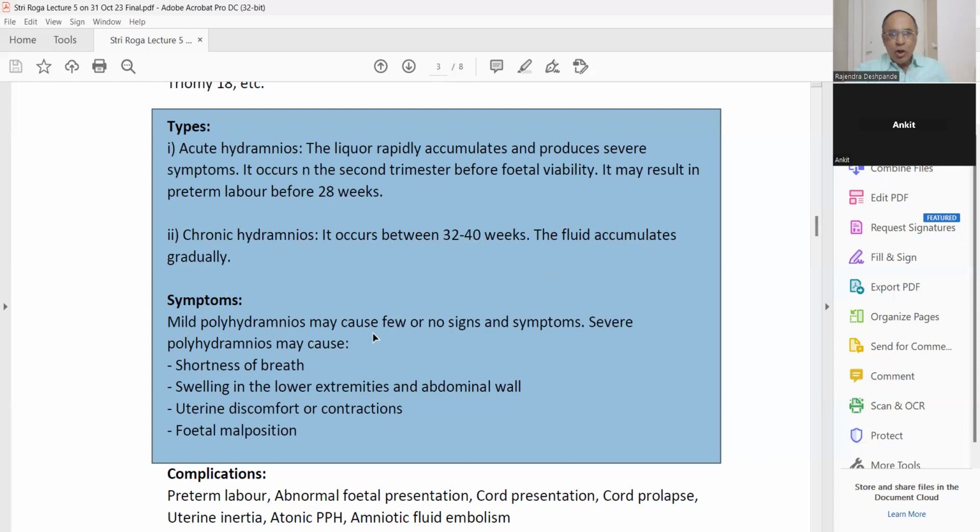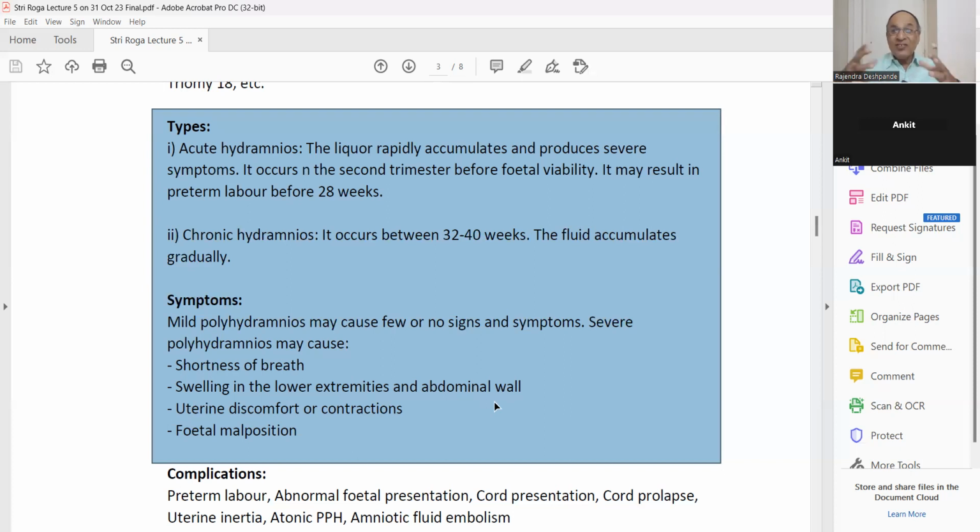Next, symptoms. Mild polyhydramnios causes no signs, no symptoms. In severe cases, when there is huge amniotic fluid, there will be shortness of breath, dyspnea, and swelling in the lower extremities. I think this is related more to the mother, because of swelling in the lower extremities and abdominal wall, because it is huge.